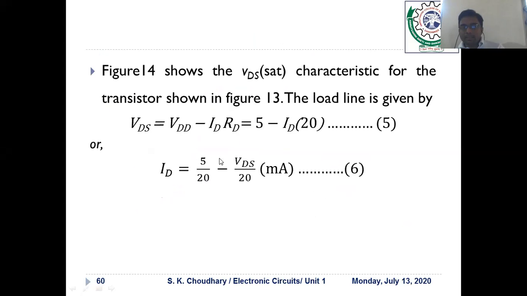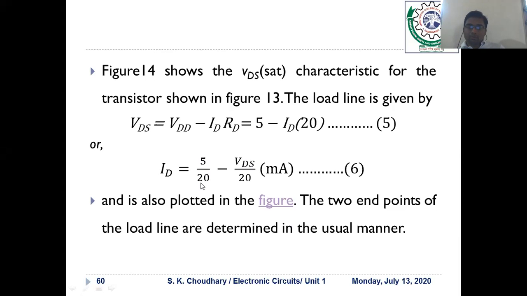So in this case, we have to find the ID equation. It is very similar: ID is equal to minus 1 upon 20 into VDS plus VDD, that is 5 upon 20. This is given here as equations 5 and 6. We have already learned that, but we have just put in the numerical values so that we can easily find out the ID max.